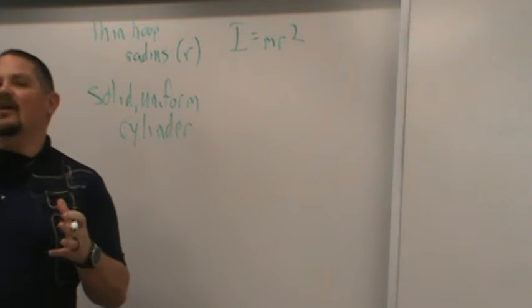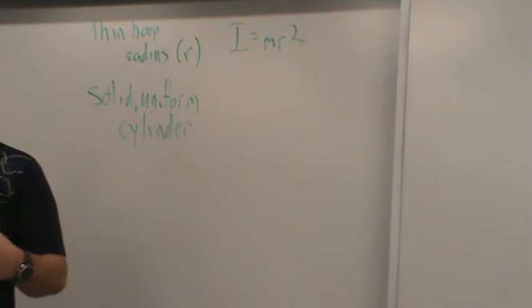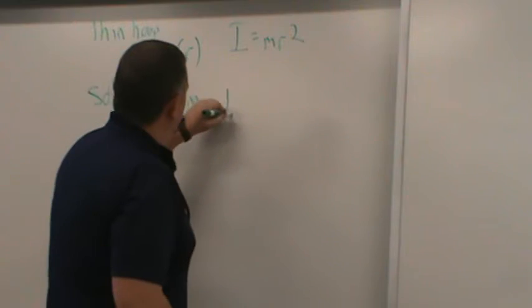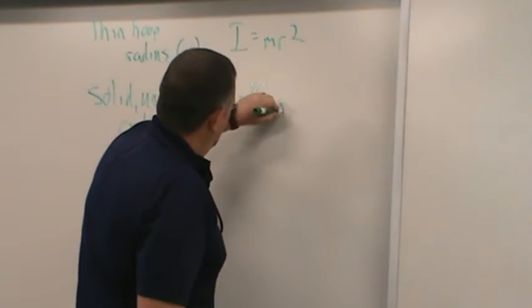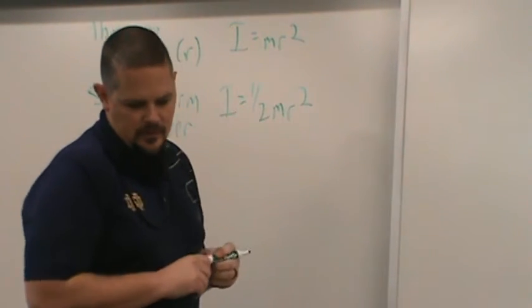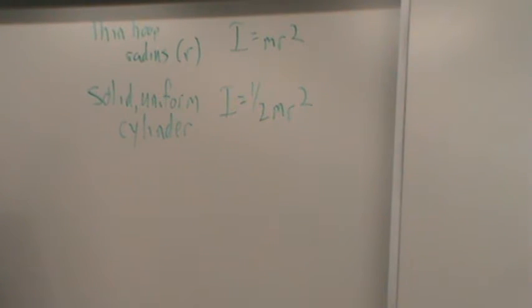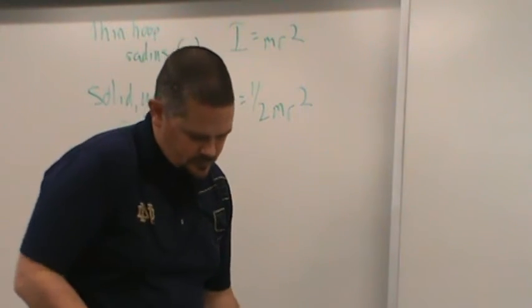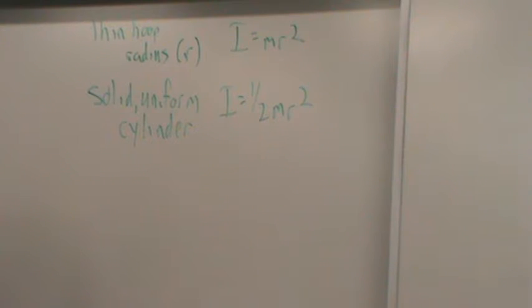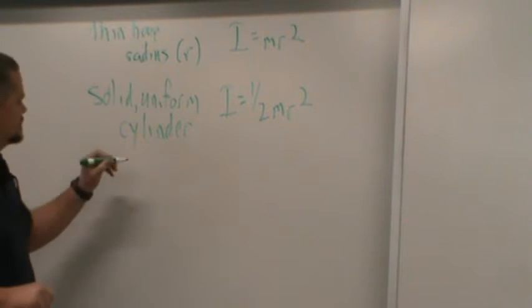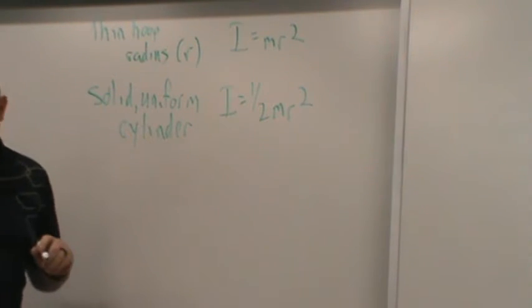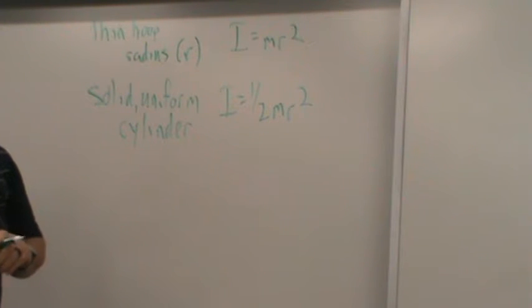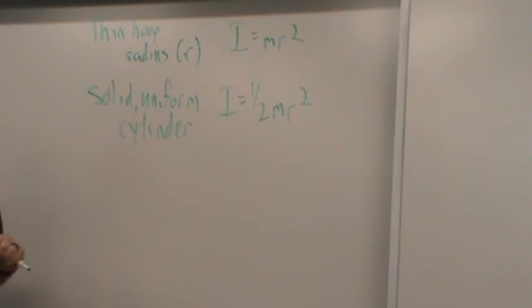For this, we have to put a half in front of our formula. Of course, you see that we have R, since with a cylinder we have a radius.